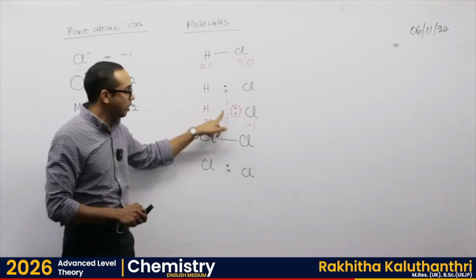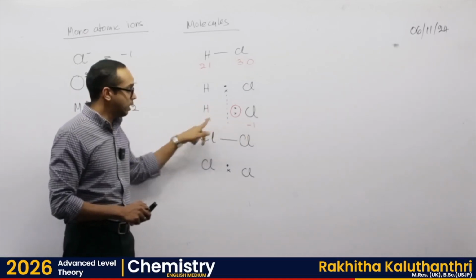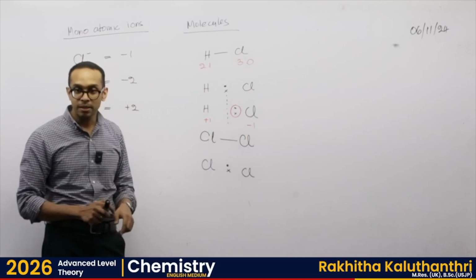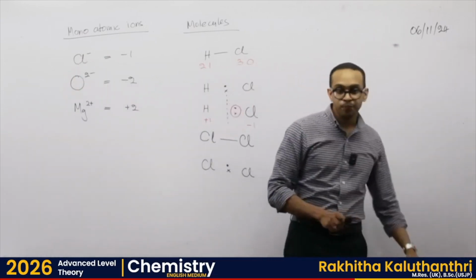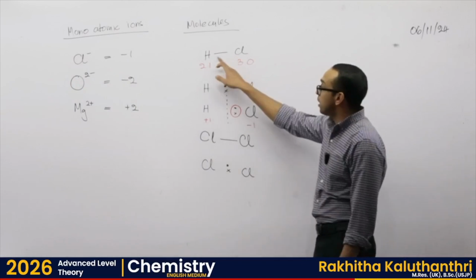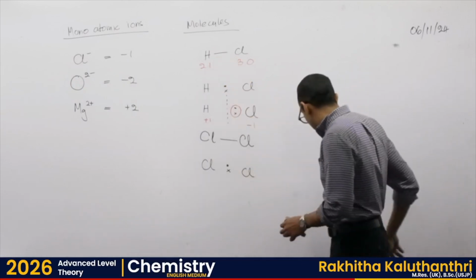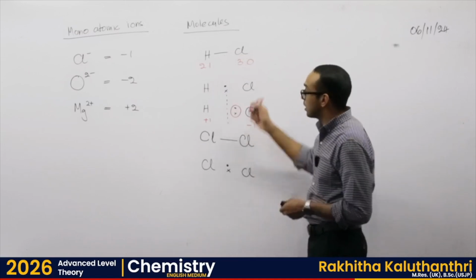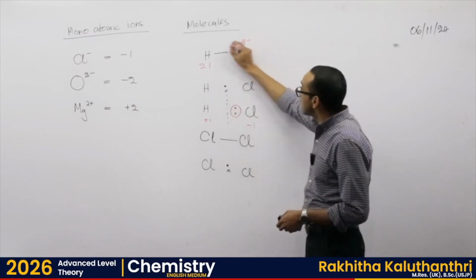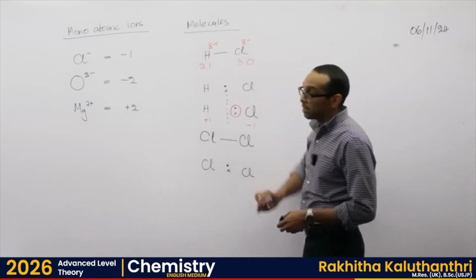Then you can figure out, okay, this is minus 1, this is plus 1. Is that clear? Now that brings us to a very interesting point: whenever a bond like this is polarized, we know this one is more electronegative, the electrons are attracted to this side, so we usually write delta minus here and delta plus here, right?